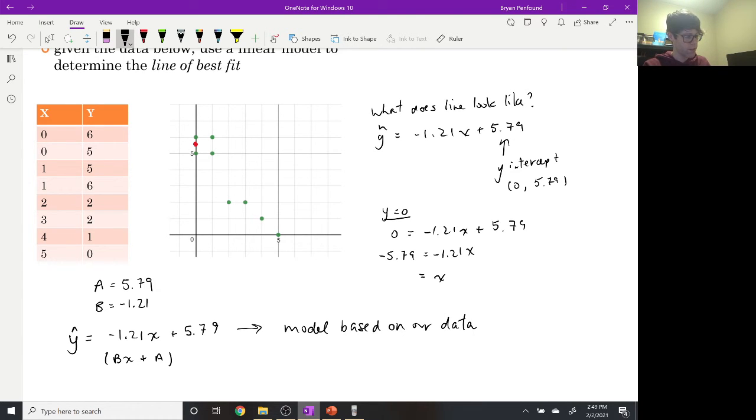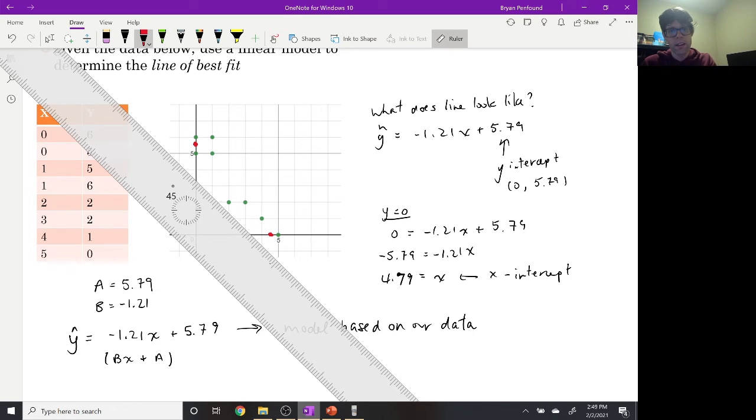So let's go ahead and do that: 5.79 divided by 1.21, and I get an x number of about 4.79. This is called the x-intercept. This is where the line should cross the x-axis. So I could count up 1, 2, 3, 4, and about 4.79, just drawing roughly where that's going to be.